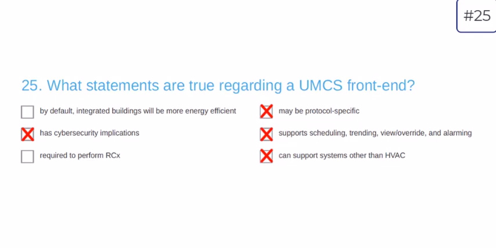Certainly makes it easier to understand that operation and make improvements, but it doesn't disqualify a building from being an RCX candidate. Everything else here hopefully is self-explanatory, but certainly UMCS has a strong role with our RCX and something we want to include in our assessment and our improvement list.